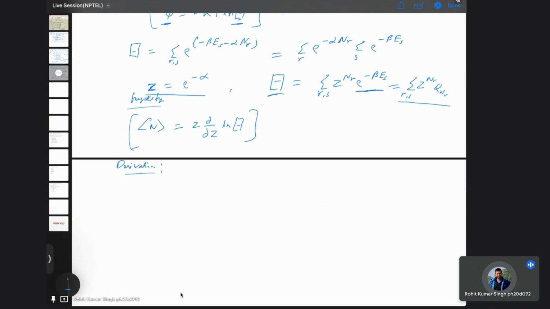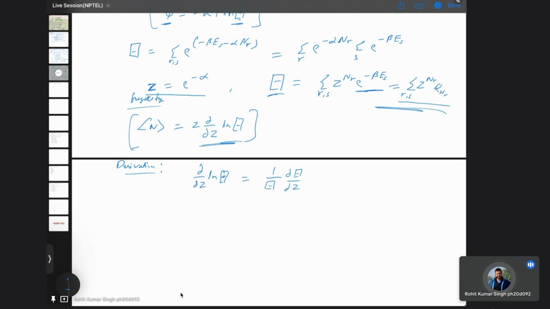what you can do is you can just differentiate this grand canonical function. So take log of this grand canonical function and differentiate it with respect to z, right? So this is what we are doing. What you will get is 1 over grand canonical function and del of this by del z, right?